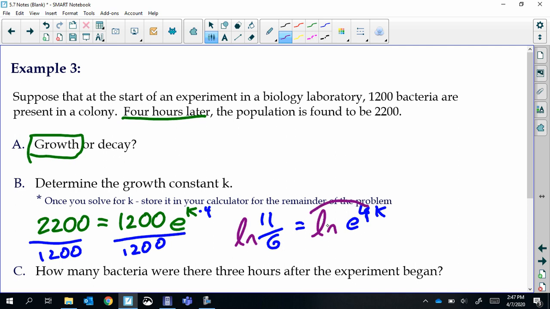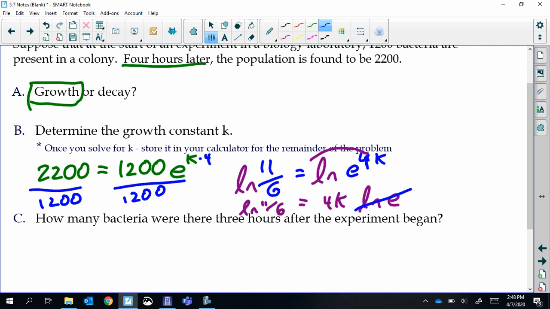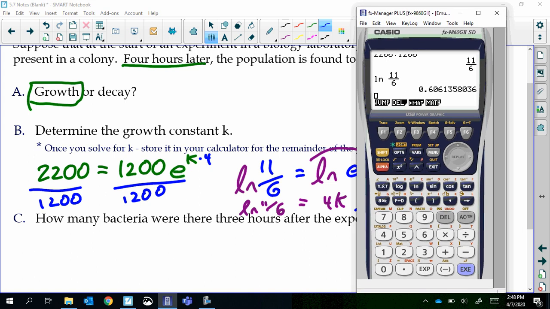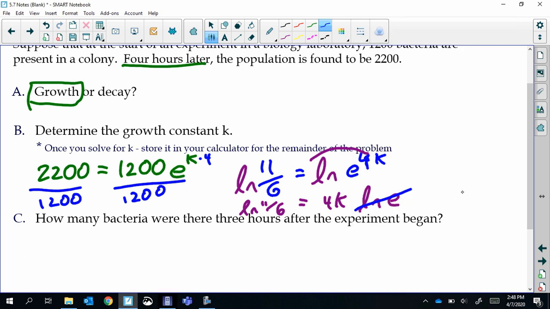Move the exponent to the front. Natural log of e cancels out like always. It's 1. So then we'll divide by 4. Natural log 11 over 6, divided by 4. So 0.1515 is our K, our constant.